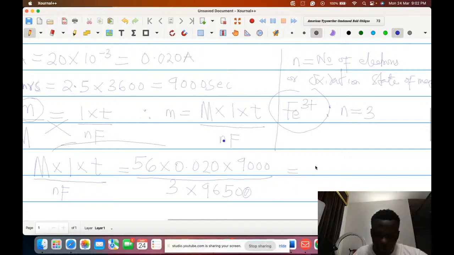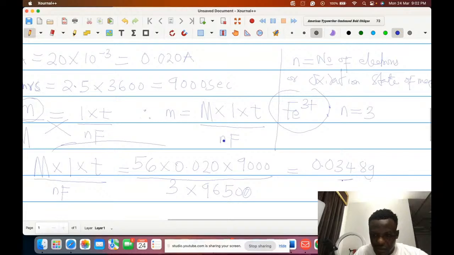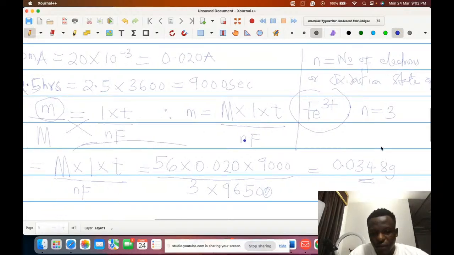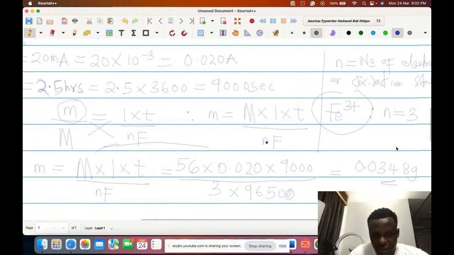This becomes 0.0348 grams. So this is the amount of iron that is deposited at the cathode.